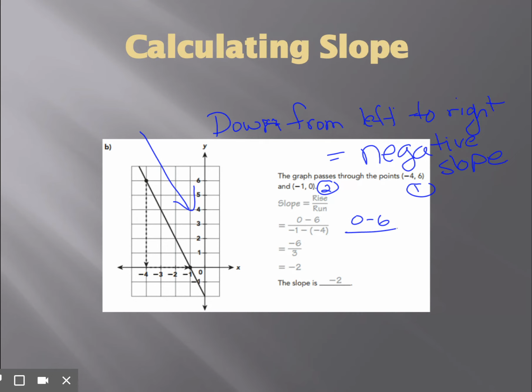And then my x from point 2, which is negative 1, minus a negative 4. So 0 minus 6 is where they get that negative 6. Negative 1 minus negative 4 is a positive 3. So then they do the actual division. Negative 6 divided by a positive 3 is a negative 2. So the slope is negative 2. And again, the line going in the direction it does confirms that your slope should be negative.